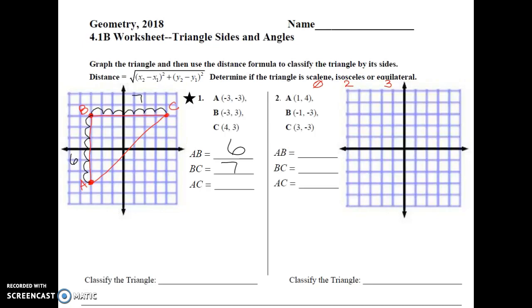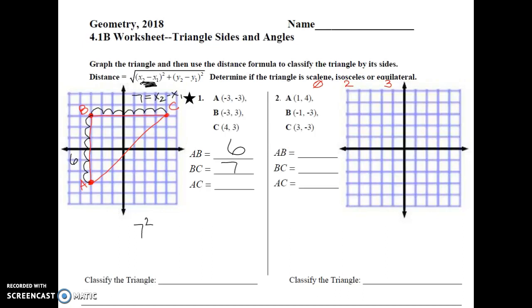And then we just want to use the distance formula for AC to find out if it is isosceles or not. Remember, the distance formula squares the difference of the x's, which we have that distance is right up here at 7. So we could take 7 and square it.